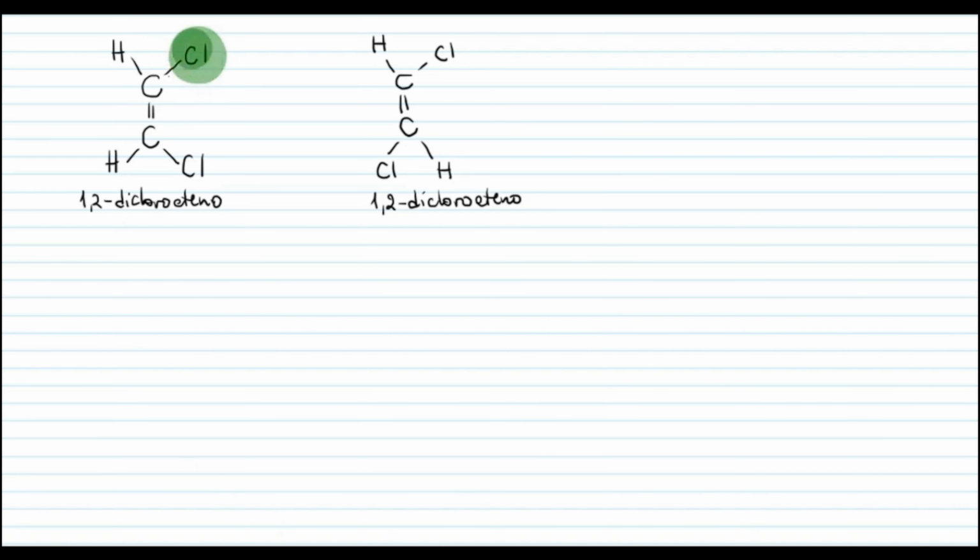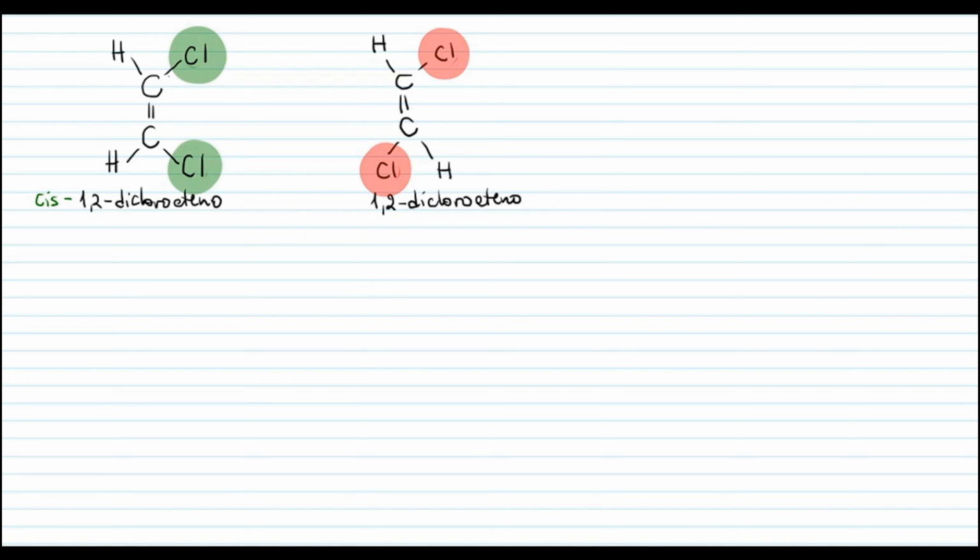But if we think about how the chlorines are united, the chlorine here is on the same side as this one, and in the other case this chlorine and this chlorine are in opposite positions. The isomers in which the same substituents are on the same side are called cis isomers, and therefore the name is cis-1,2-dichloroethene.